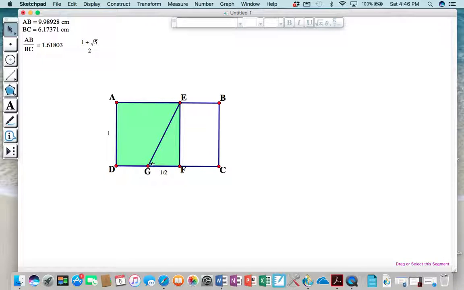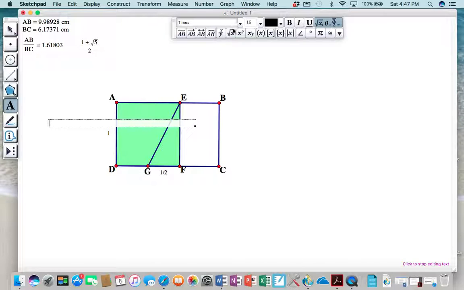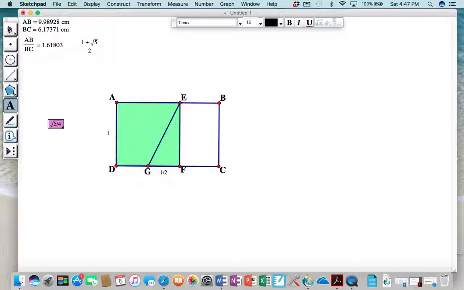So the square that would appear on the hypotenuse here would be a combination of that. 1 whole plus 1/4 is 1 1/4, or 5/4. The length of the hypotenuse then would be the square root of that, and so the length of the hypotenuse is the square root of 5/4. Okay, and that's important for us to know.